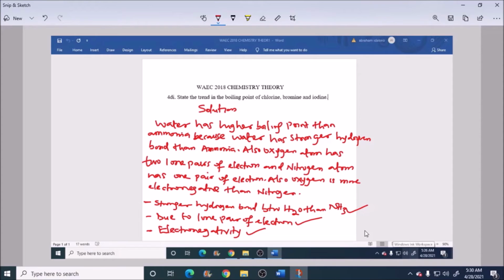Also, oxygen is more electronegative than nitrogen. So we summarize everything by these 3 sentences: stronger hydrogen bond between water and ammonia, then due to lone pairs of electrons. Then number 3, water has higher boiling point than ammonia because of the electronegativity of oxygen and nitrogen.